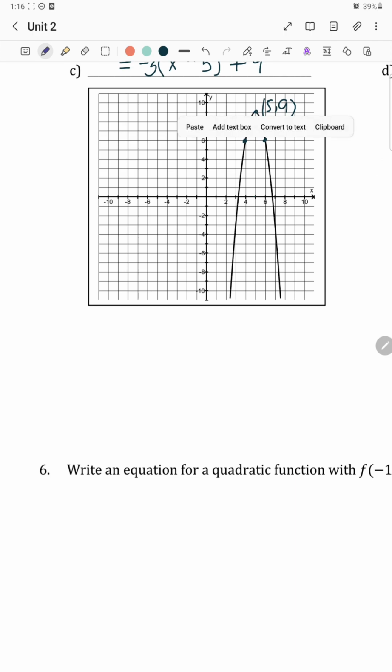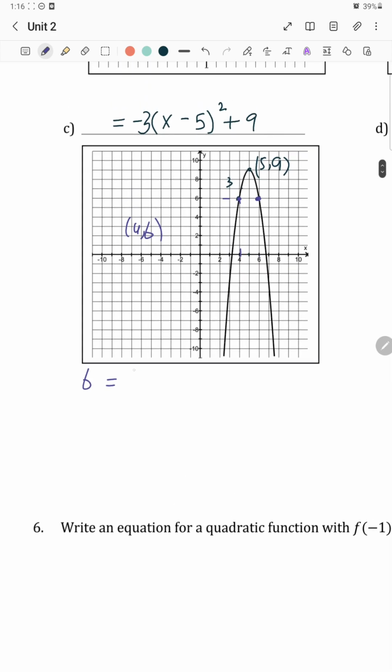for example this, or this is 4 from the x-axis, 4 and 6. It would be 6 is equal to a(4 minus 5) whole square plus 9.